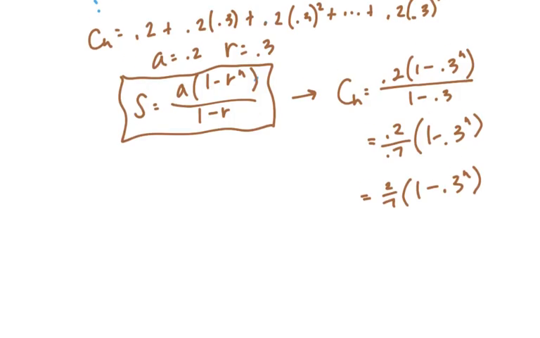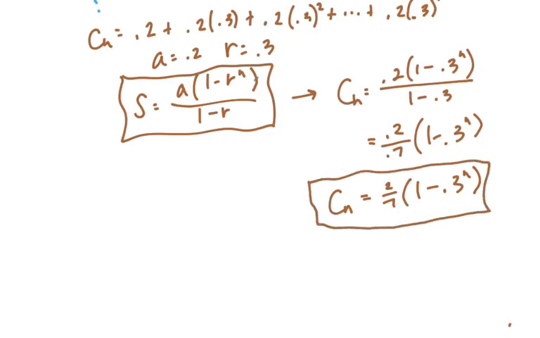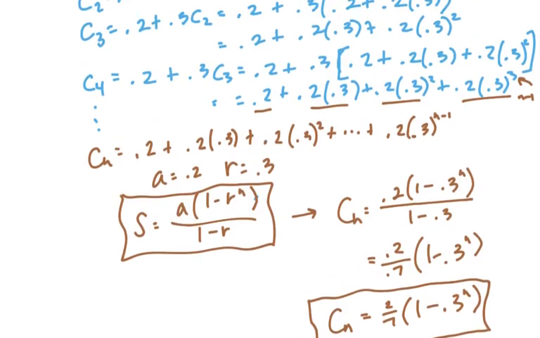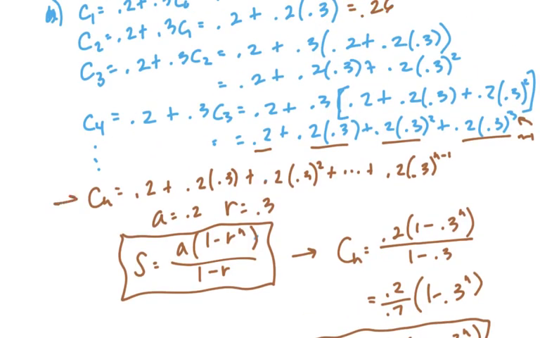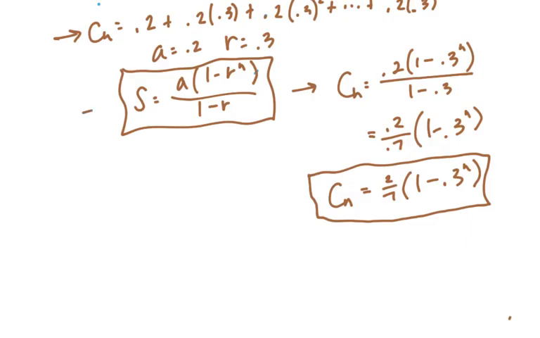And that's a better formula for our concentration after the nth dose. What we have up here, this one helps us recognize the pattern to see that it is geometric. So we can use the summation formula and summarize it to be such.